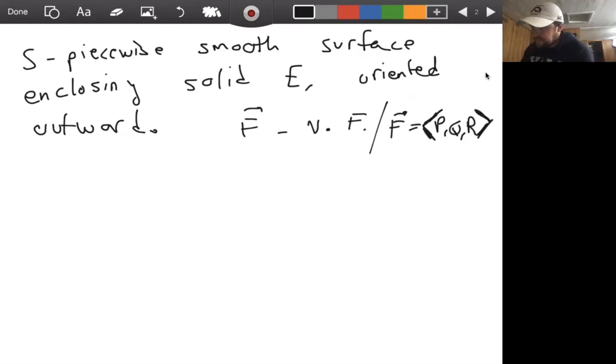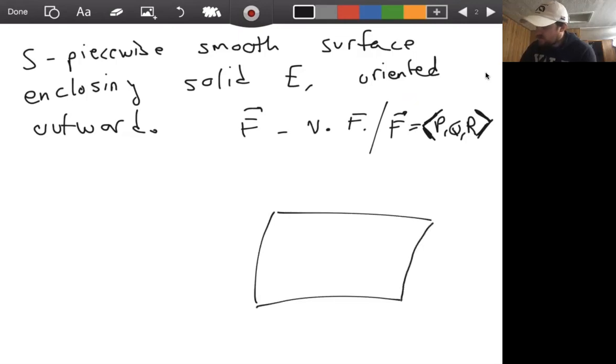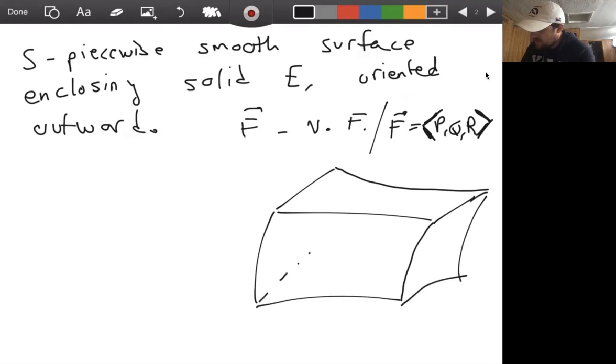Okay. And let's draw what we're looking at here. We have some solid, some piecewise smooth surface enclosing this solid. So maybe this parallelepiped that I'm drawing can be this piecewise smooth surface, right?